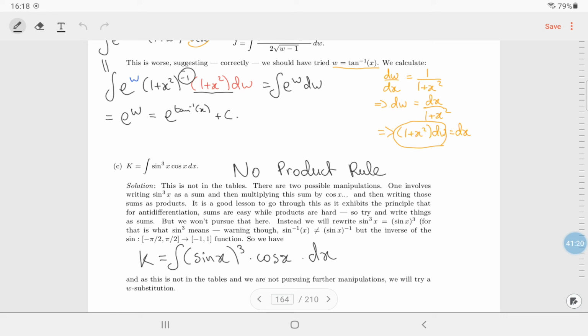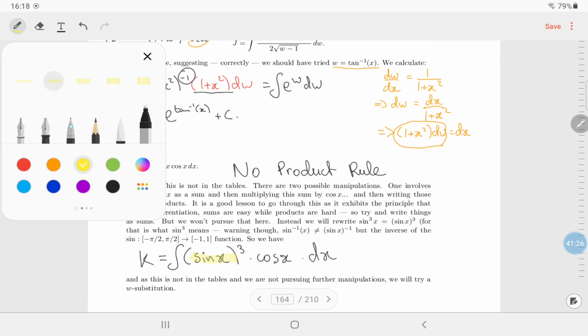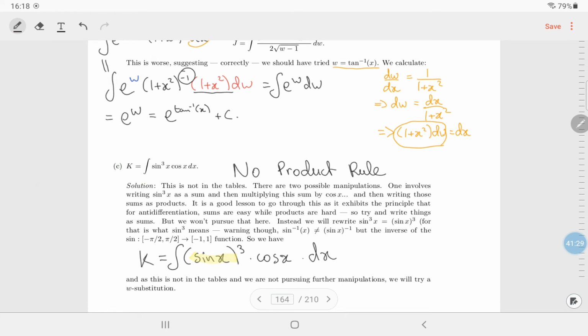Okay, so two reasons to pick w equal to sine. LIATE obviously doesn't work because the sine and the cos are on the same level. Now you'll see this LIATE soon. The two things are: you have a function inside another function, that's sine of x, and a multiple of its derivative. So you've got sine and a multiple of its derivative, and that's a reason to pick w equal to sine.